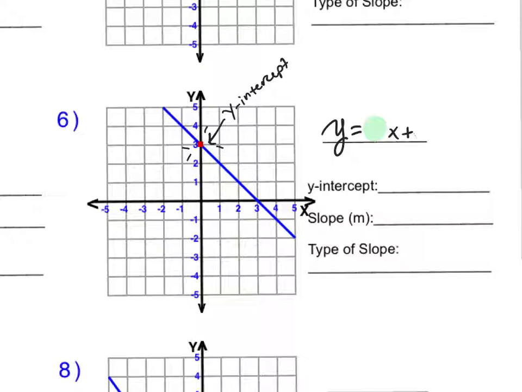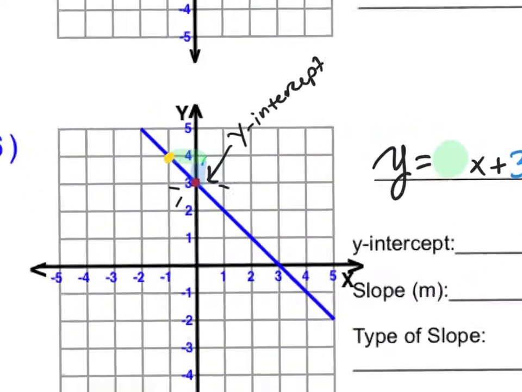Actually, I'm going to erase that. Plus 3. Now, what's my rise and my run? How can I get to my next corner? Well, can I rise 1 and run 1? And won't I land here on the line on the next point?